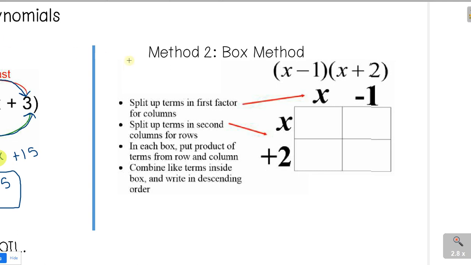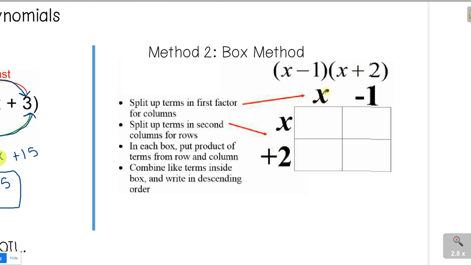So you take your 2 factors and you put it above your box, and then on the side. So x minus 1, x goes on the top, then minus 1, or negative 1. And then your second one, we have x plus 2, so x, and then bring the sign plus 2. Now we're going to do the product for each box.